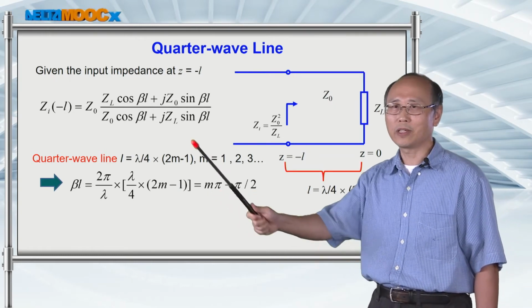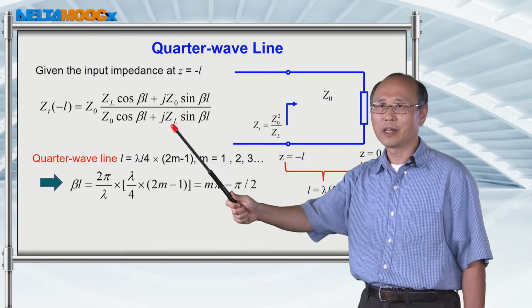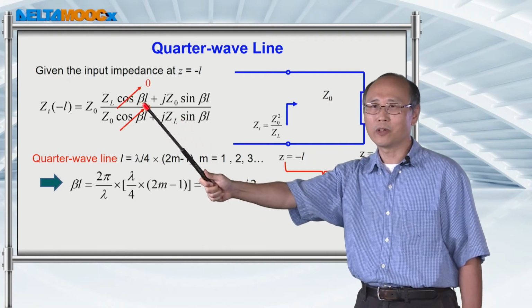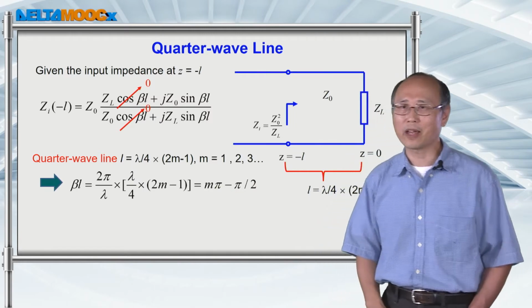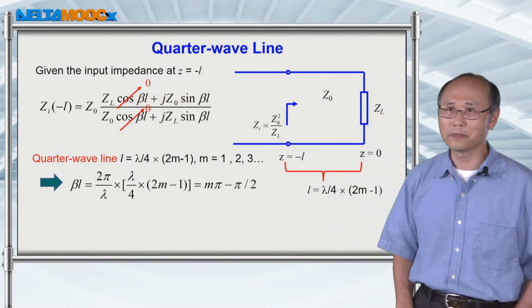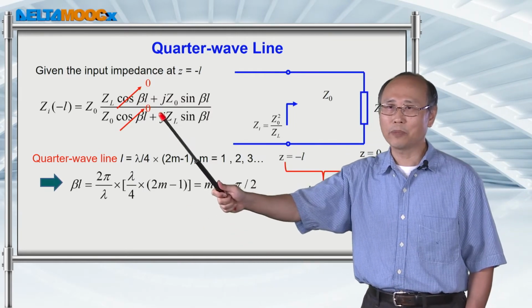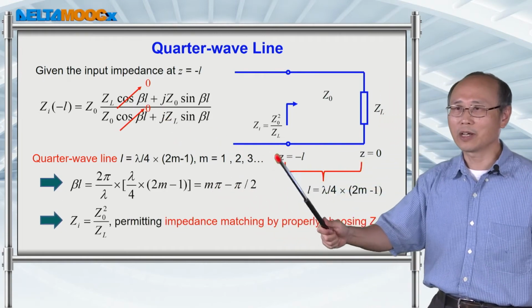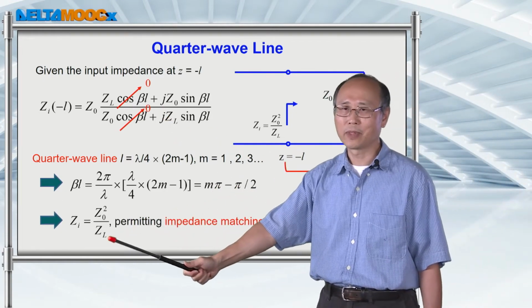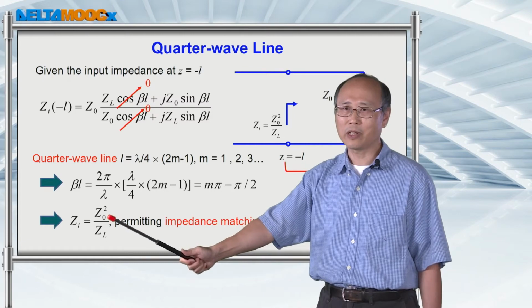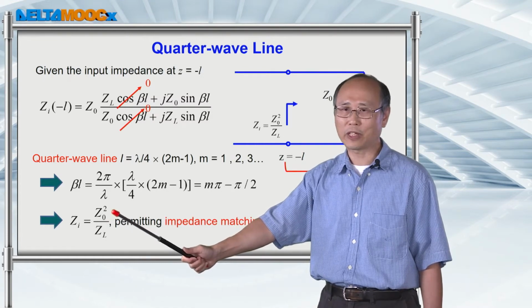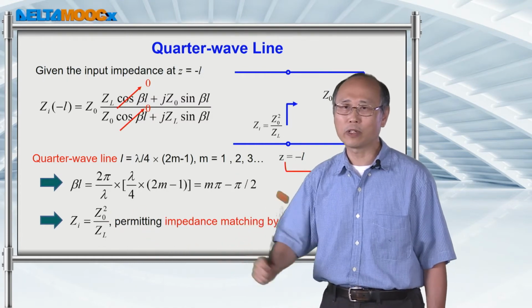So if you put this into the impedance expression, then your cosine will go away because cosine pi over 2 gives you 0. And so your input impedance at this location will give you this value, which is the square of the characteristic impedance divided by the load impedance.